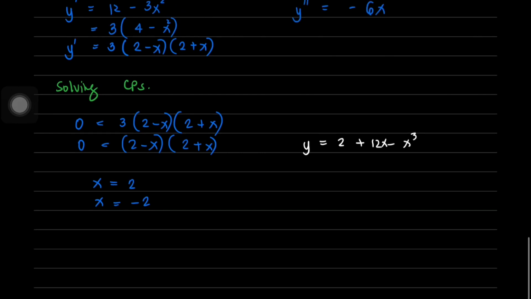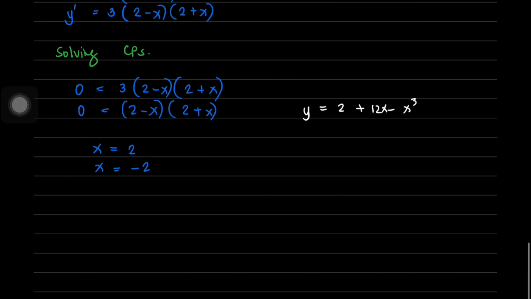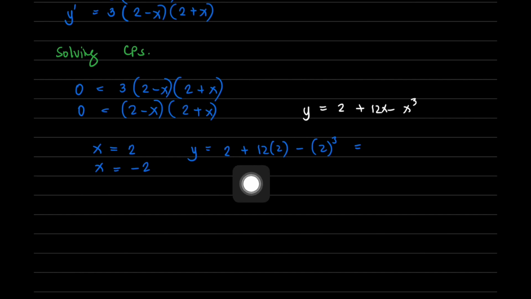Solving for the y coordinate of x equals 2, this gives us y equals 2 plus 12 multiplied by 2 minus 2 raised to 3. This is equal to 2 plus 12 times 2, which is 24, so 26, minus 2 raised to 3, which is 8. So 26 minus 8 gives us positive 18.